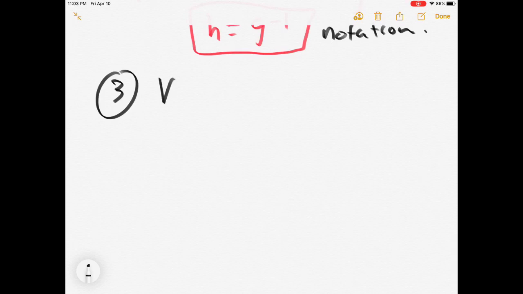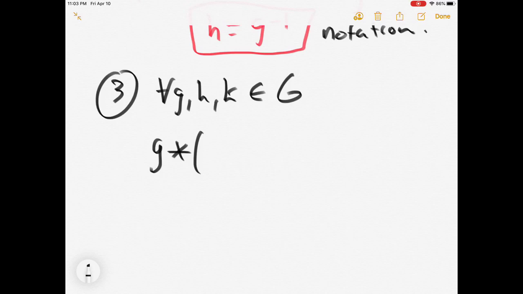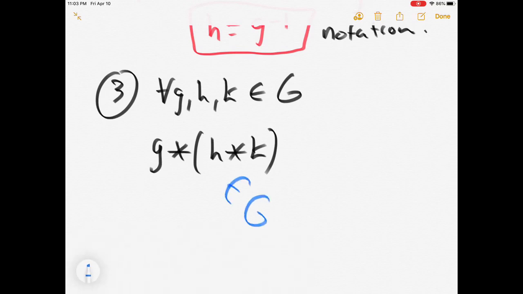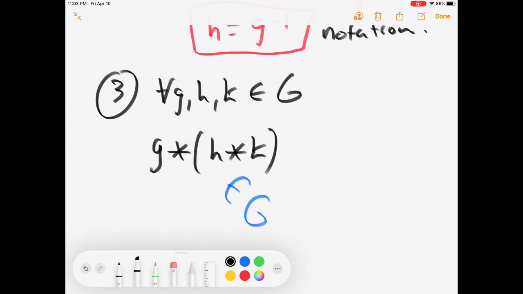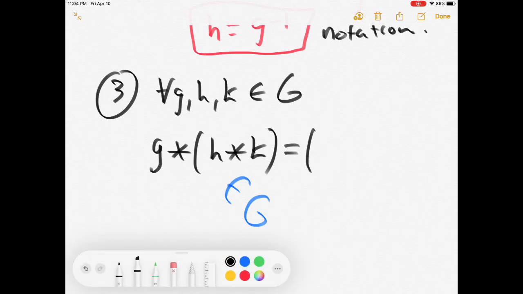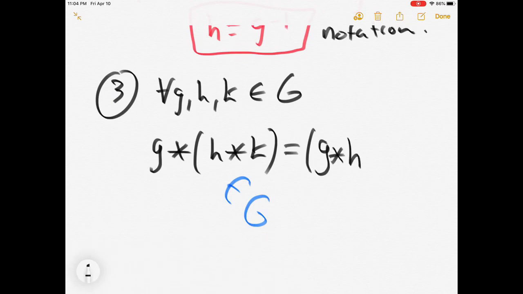Property 3: for all elements g, h, and k in G, if I take g and combine it with this element h star k, remember that h star k is an element of G, so I'm still just taking one element of G and combining it with another using the operation, then this is the same as if I had taken this element g star h and then combined it with k.